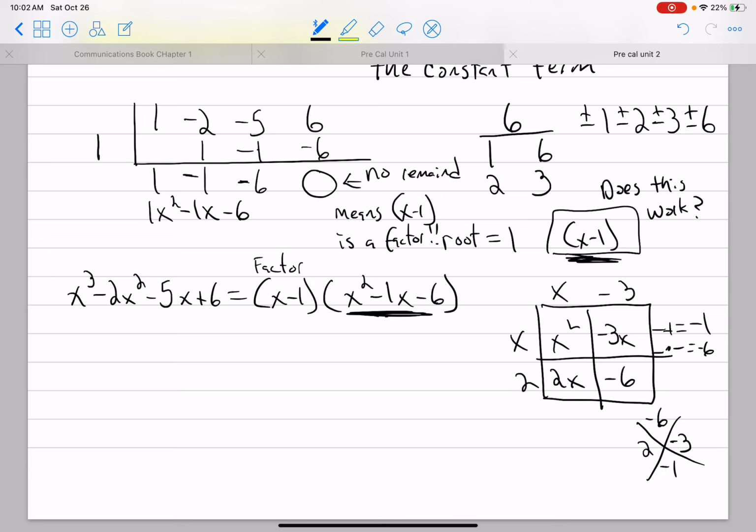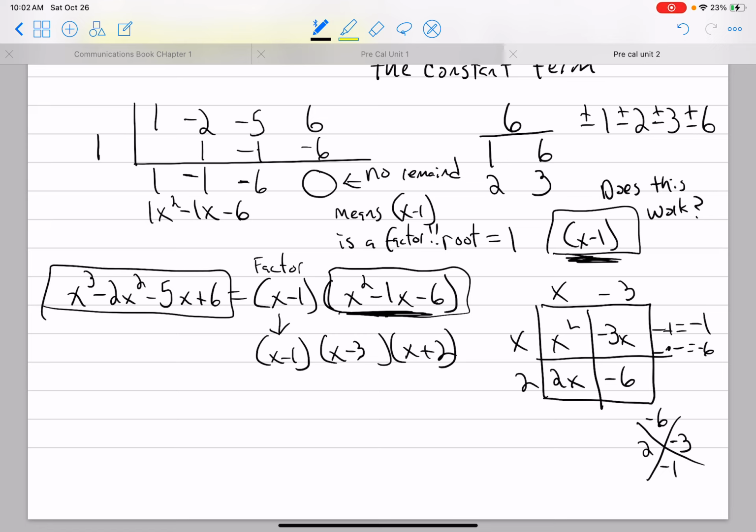Haha, look what we have now. This factor stays the same, x minus 1. And this x squared minus 1x minus 6 became x minus 3 times x plus 2. I took this whole initial problem and I figured out its factors. And notice the factors. This one had an x minus 1, so it had a root of 1.